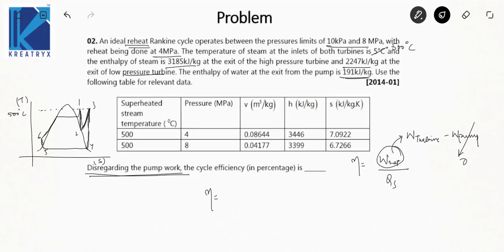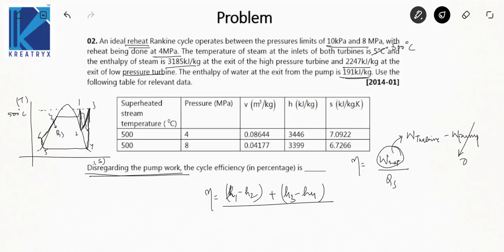So the total work done by the turbines will be the enthalpy change in the high pressure turbine, that is H1 minus H2, plus the enthalpy change in the low pressure turbine, that is H3 minus H4, and we have to disregard the pump work. Upon heat supplied. Now heat supplied will be from 6 to 1, that is in the boiler, plus 2 to 3 also, because reheating is done.